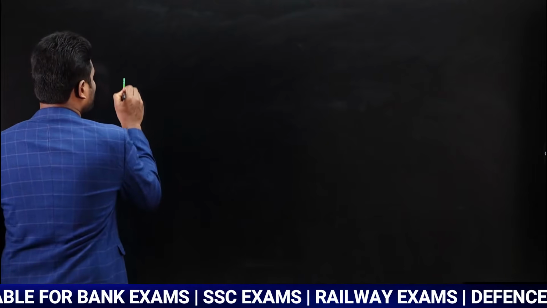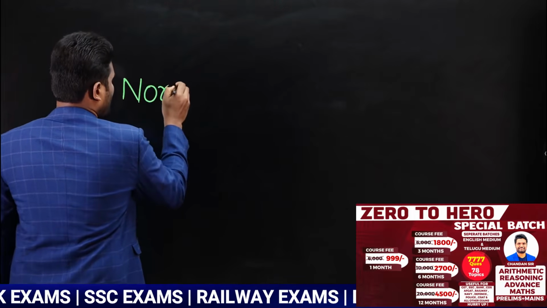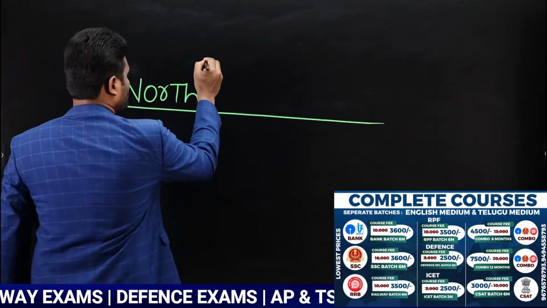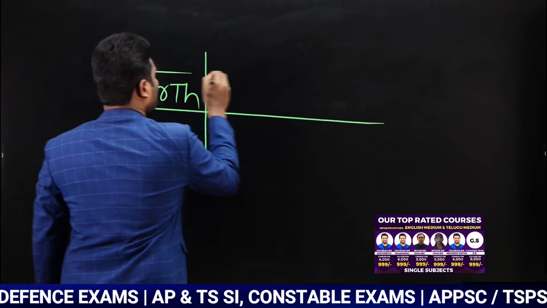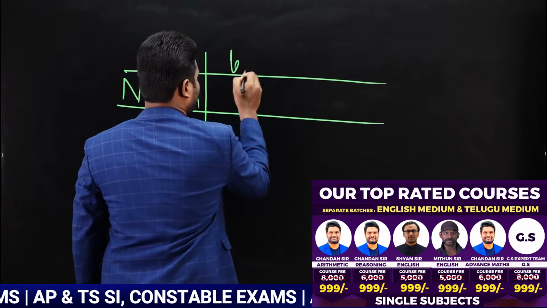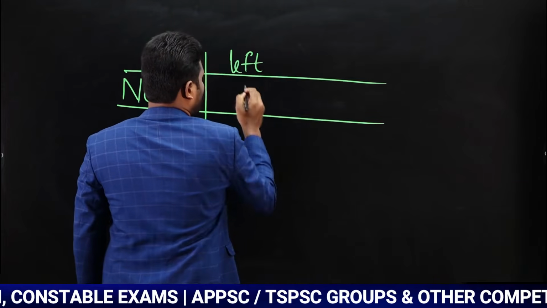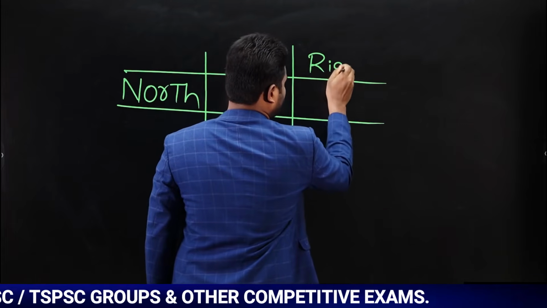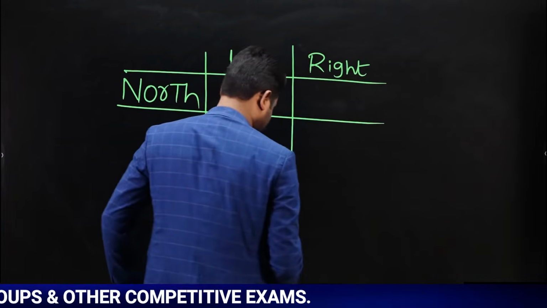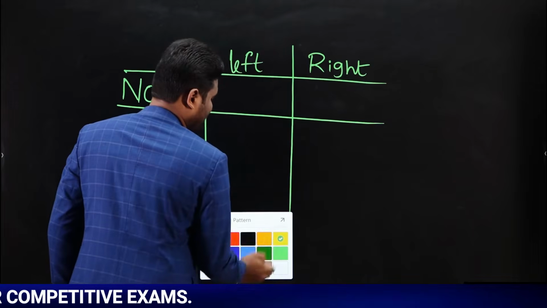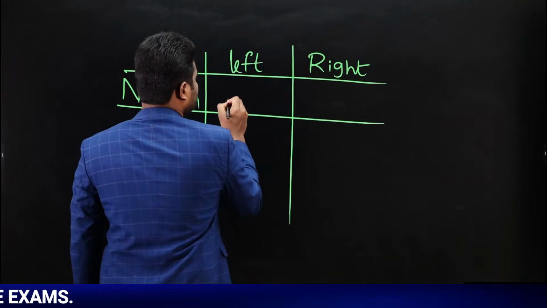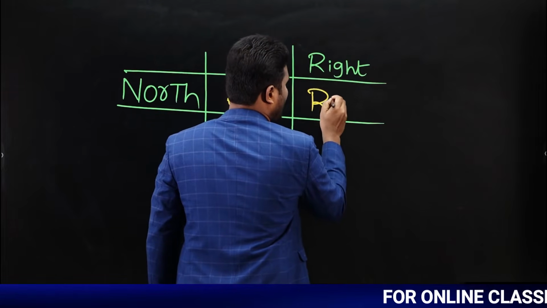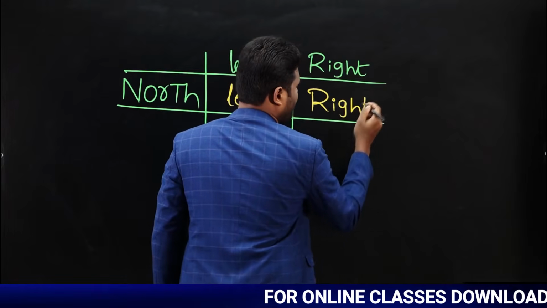When the person is traveling towards the north direction, the left of the person is the same as our left, the right of the person is the same as our right. This is a very, very important point.